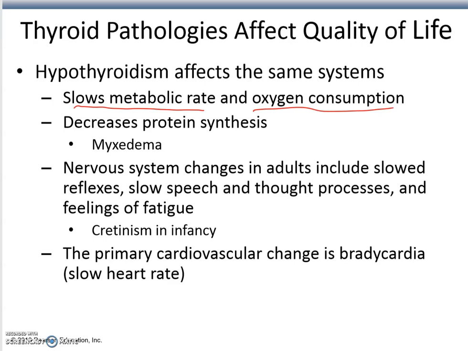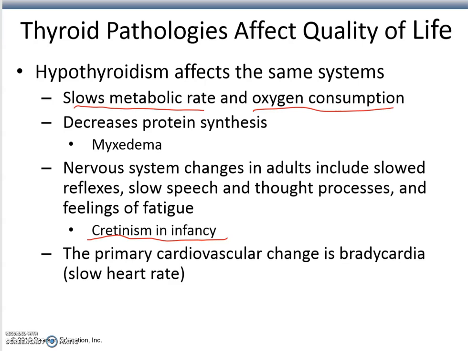You might end up with myxedema, and I'll show you what that looks like in a minute. A big thing is during pregnancy, hypothyroidism is really bad for the developing fetus, and it can cause something called cretinism. That means that the nervous system did not develop properly, and so it leads to severe neurological problems in the baby.